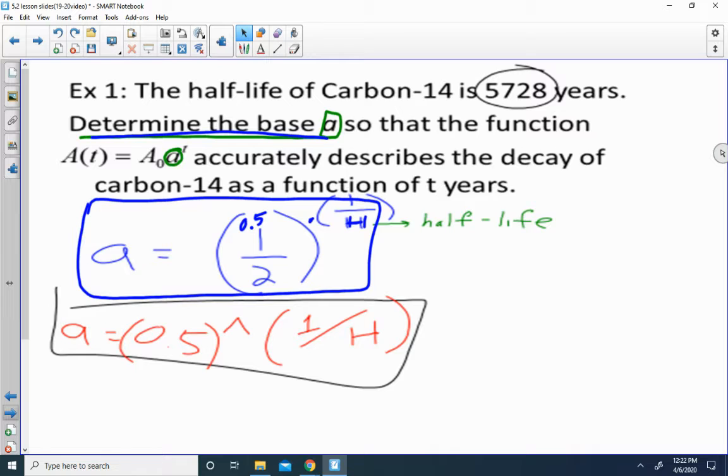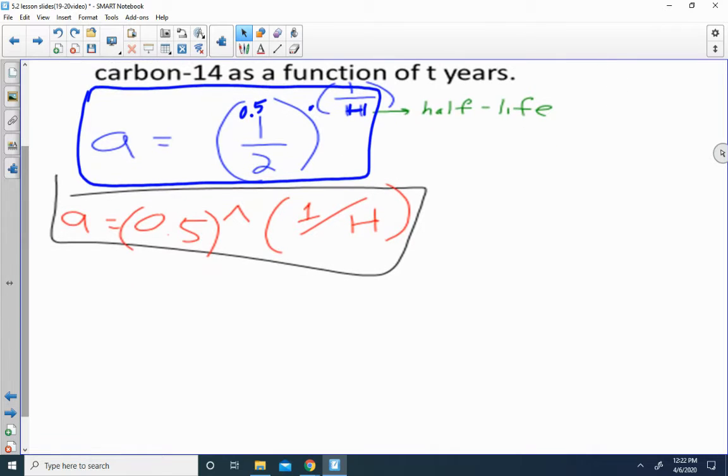And my recommendation when you plug this into the calculator is to take the 1/2 and rewrite it as a decimal. And in the calculator, I strongly recommend you put the 0.5 in parentheses, then raise to the power, and put in parentheses 1 divided by whatever your half-life is.